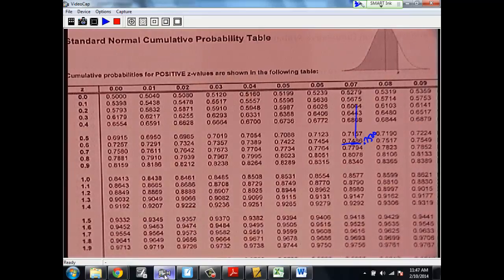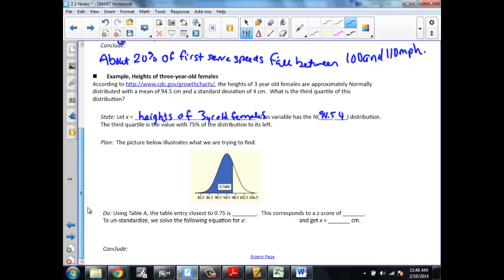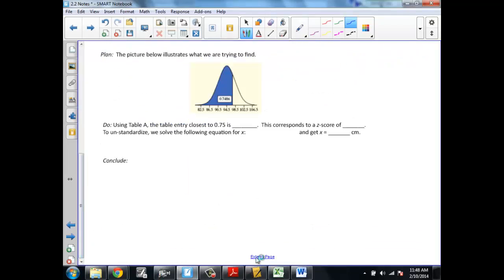So what's our z-score? 0.67 is your z-score there. So we come down here. My z-score is 0.67. So using table A, the closest table entry to 0.75 was this 0.7486. This corresponds to a z-score of 0.67. To unstandardize the following equation, we solve for x. So what is it?